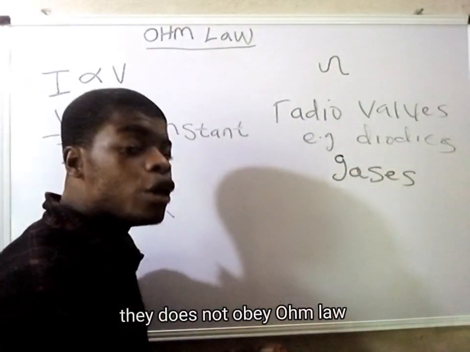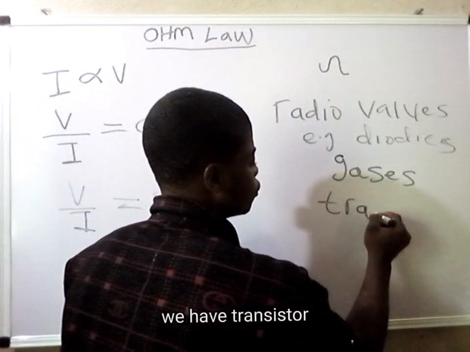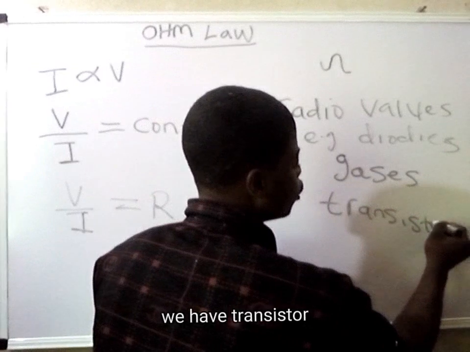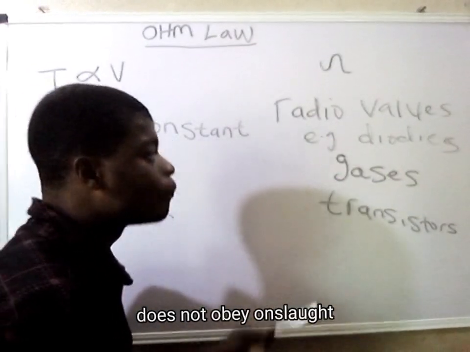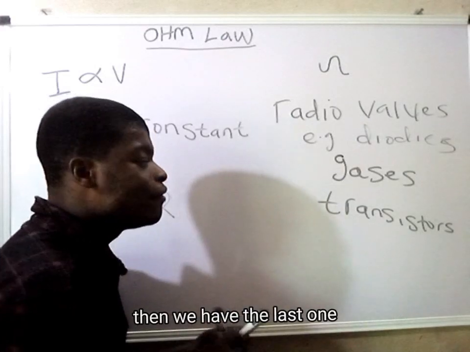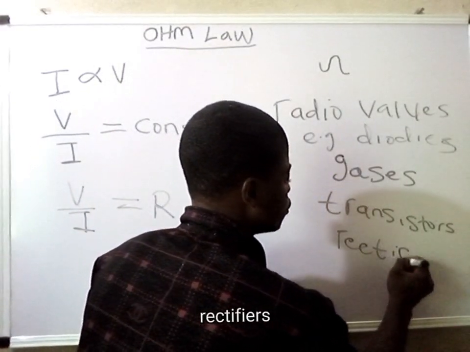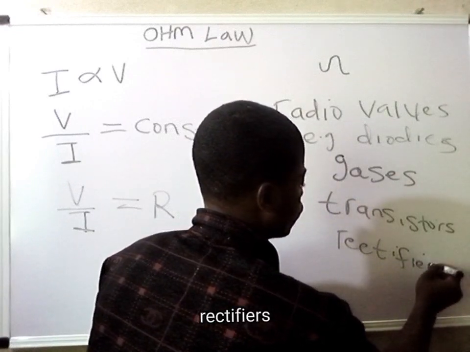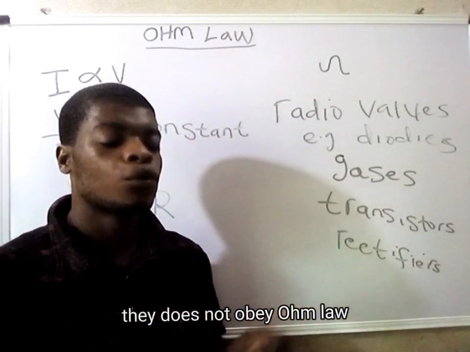They do not obey Ohm's law. The next one, we have transistors, they do not obey Ohm's law. Then we have the last one, rectifiers. They do not obey Ohm's law.